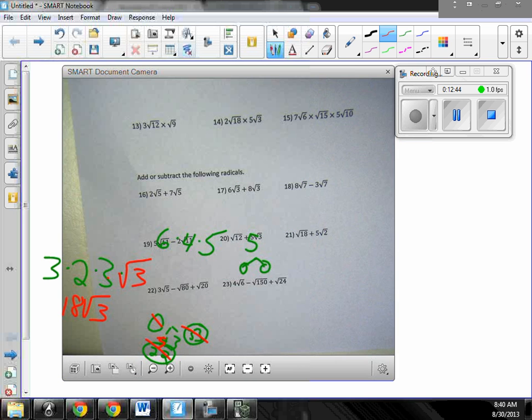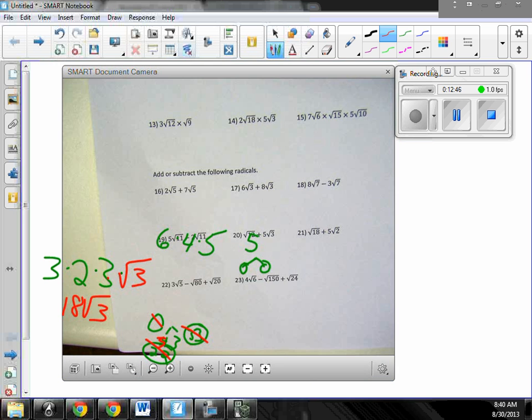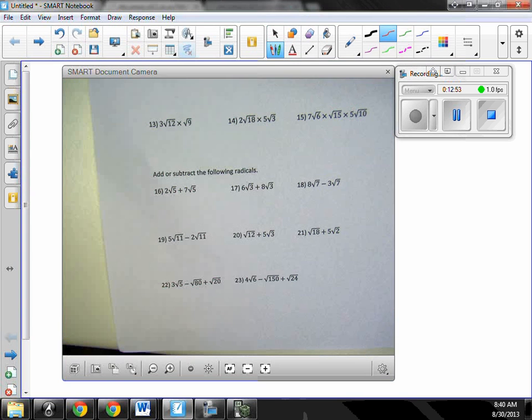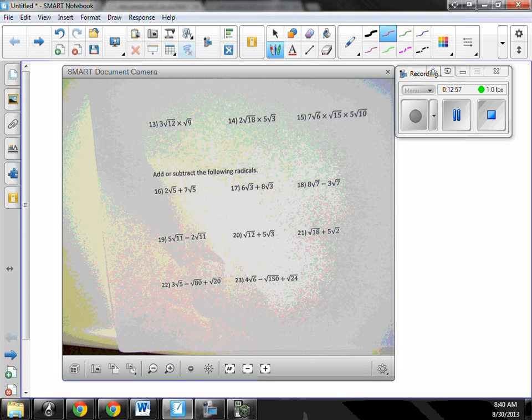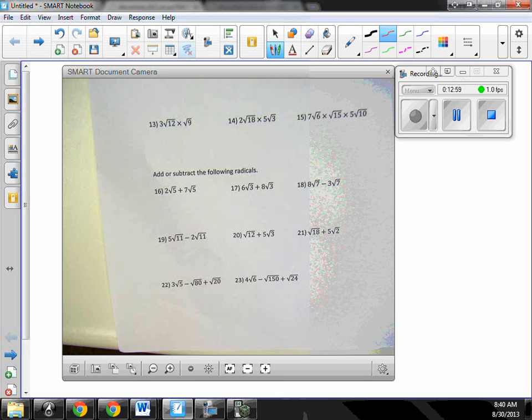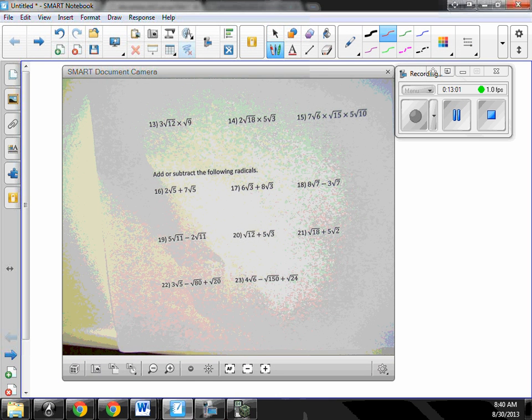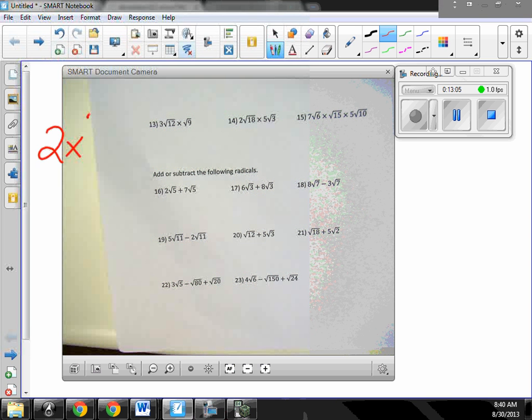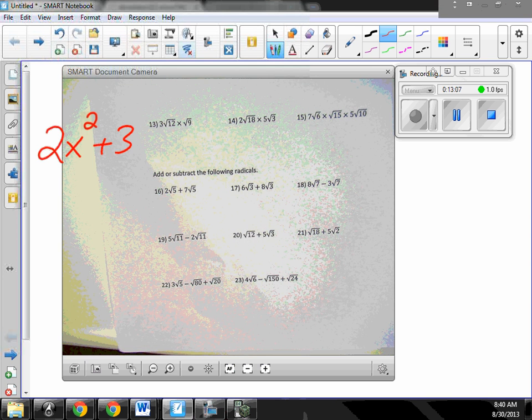Let's go down to number 16. In order to add 2 radicals together, they have to be the same root, and they have to have the same number on the inside. Just like saying, if I had 2x squared, can I add that to 3x?